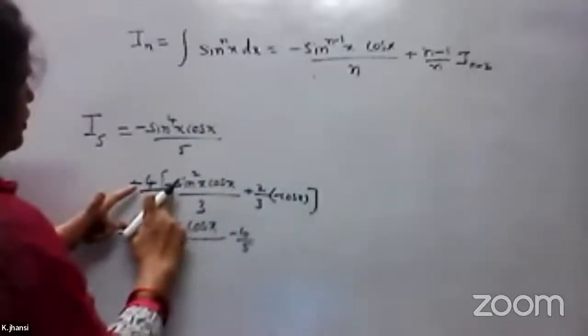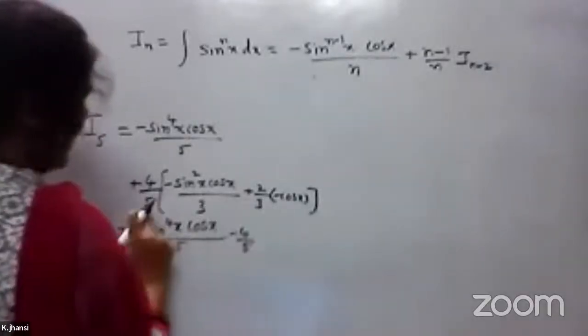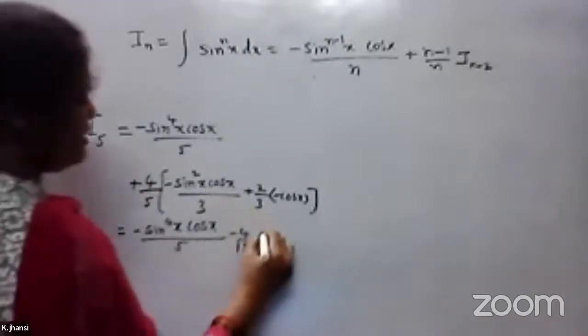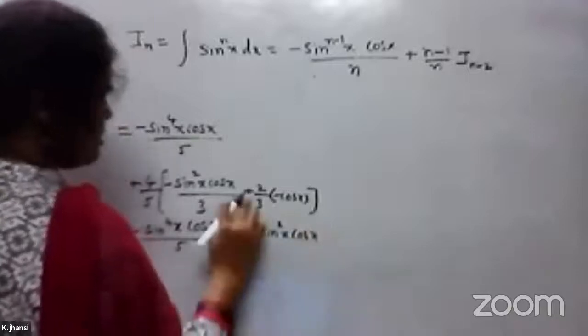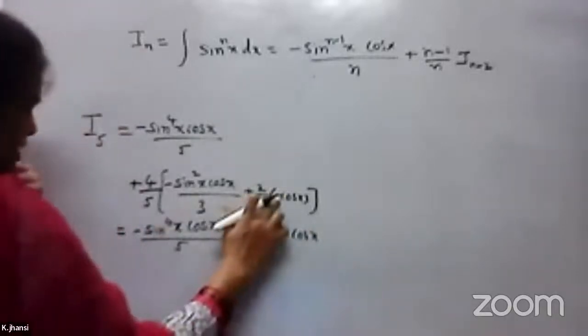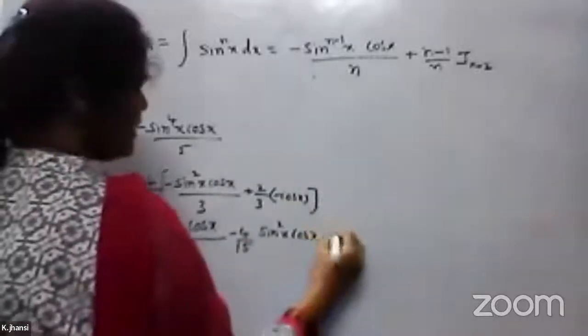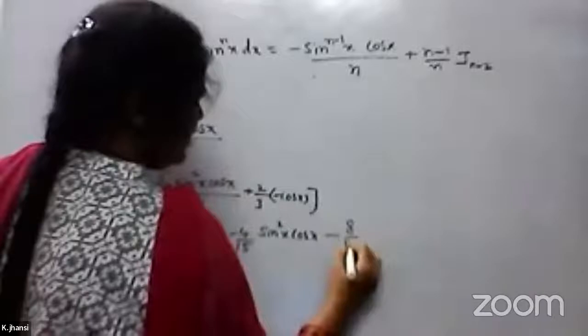Now we have written, no? So plus into minus is minus 4 by 5, and 5 3s are 15, no? So minus 4 by 15 sin^2 x cos x. Here minus is there. Plus into minus is minus, minus into again minus value. 4 2s are 8. 8 by 15 cos x.